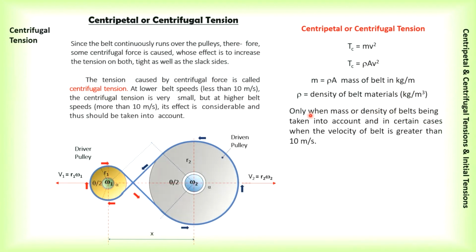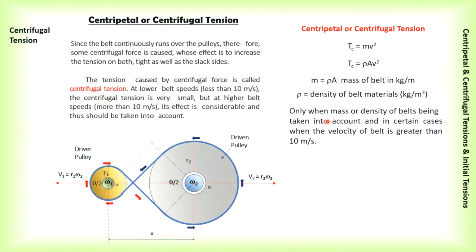Remember that only when the mass or density of the belt is taken into account, and in certain cases when the velocity of the belt is greater than 10 meters per second, then only will we take TC into account.